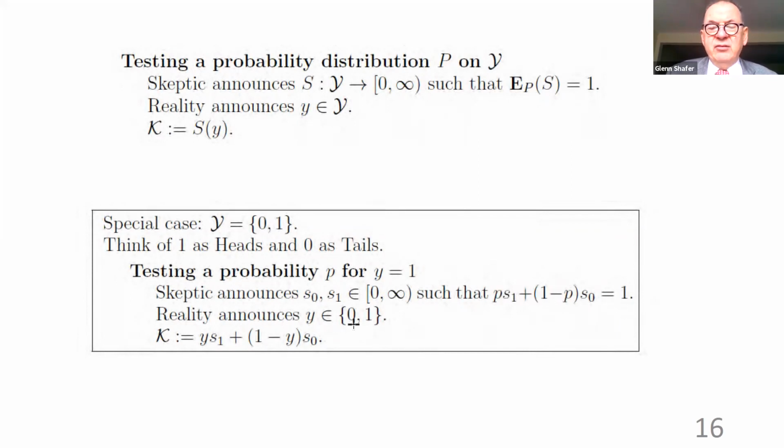And then Reality announces one of 2 things, a 0 or a 1. And the outcome is either S1 or S0. If Y is 1, then you get S1, because 1 minus Y is 0. If Y is 0, you get S0, because Y is 0 and 1 minus Y is 1.